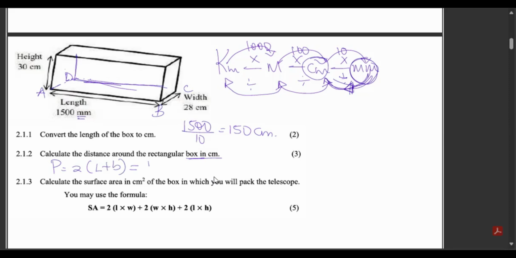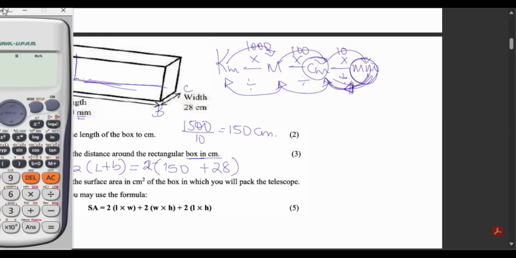So meaning we have open brackets 2, then put 150 plus the 28. You understand? Then you pick your calculator, do that, and fix it there. Put it inside the calculations.